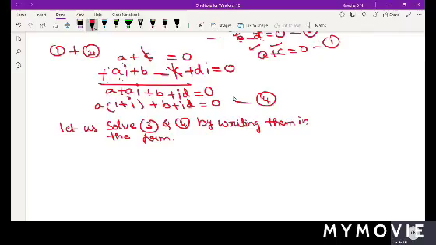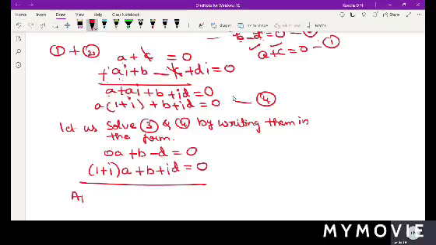Write down equation 3. Equation 3 is b minus d, which means a is not present, so 0a plus b minus d is equal to 0. Then equation 4 is (1 plus i)a plus b plus id is equal to 0.